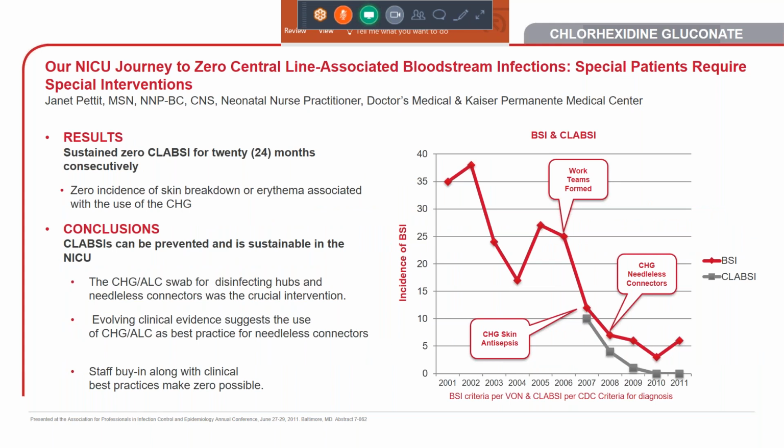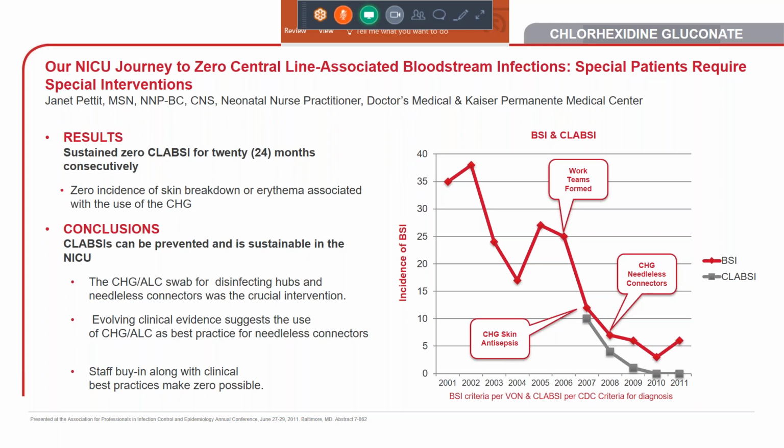They did annotate this particular graph with when they did particular things. They do have the incidence of their BSIs cited on the y-axis. And they do want to point out that the BSI criteria was per the Vermont-Oxford network, which is a neonatal database, and CLABSIs per CDC criteria.